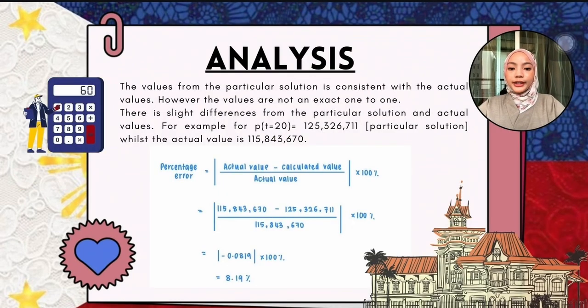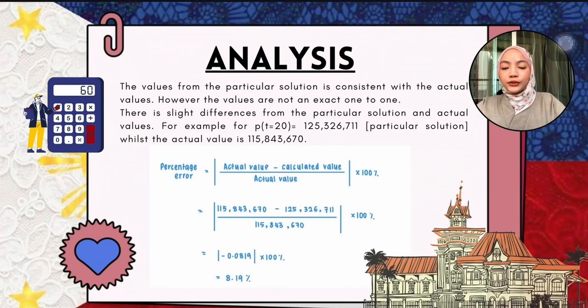So, for analysis, the values from the particular solution are consistent with the actual values. However, the values are not exactly one-to-one. There is a slight difference between the particular solution and the actual values. For example, when we use the year 2024 to calculate the differences between the two, t is equal to 20.